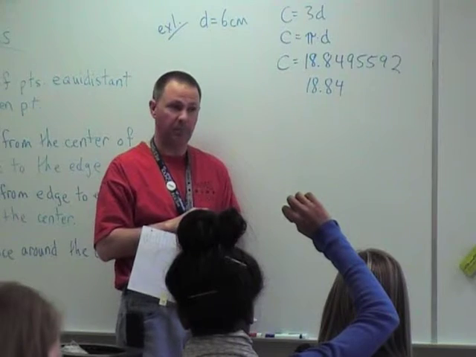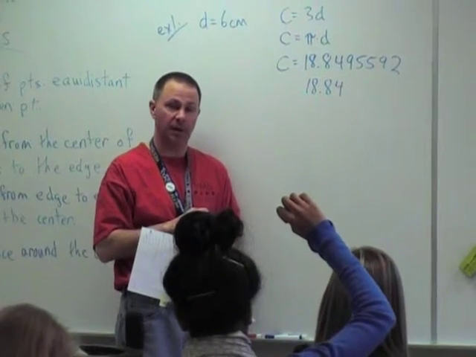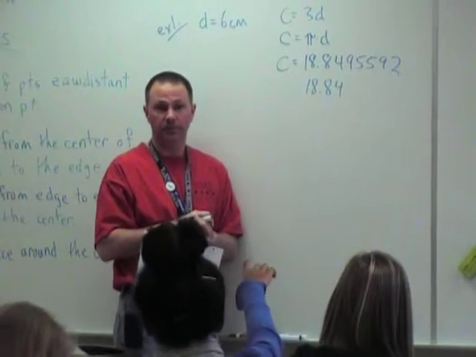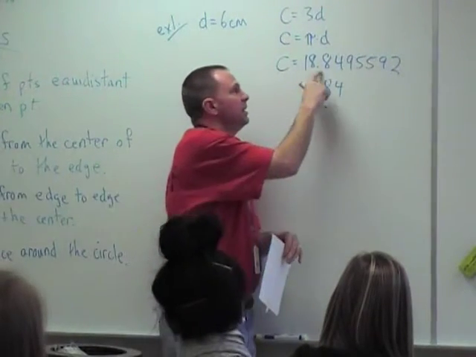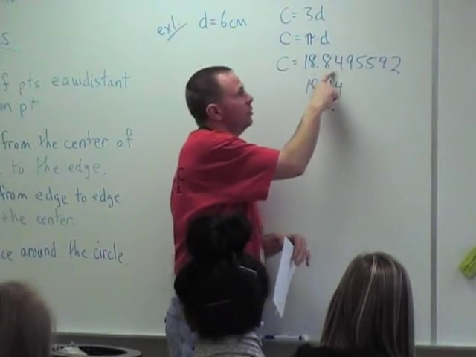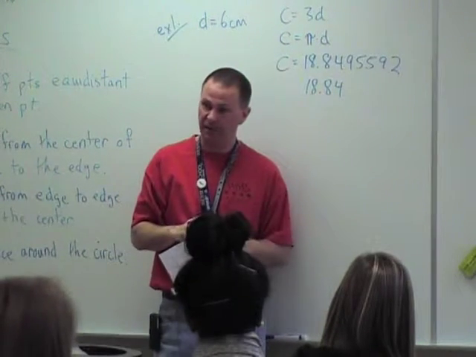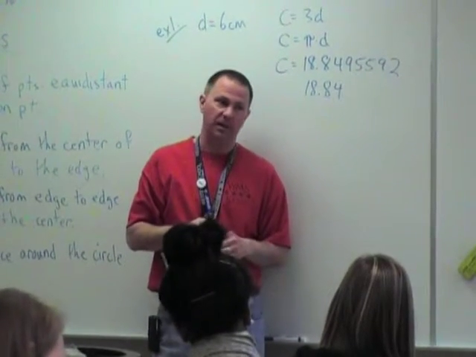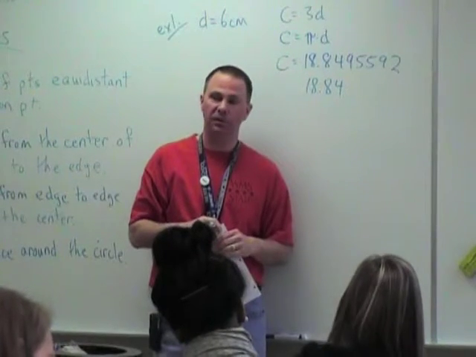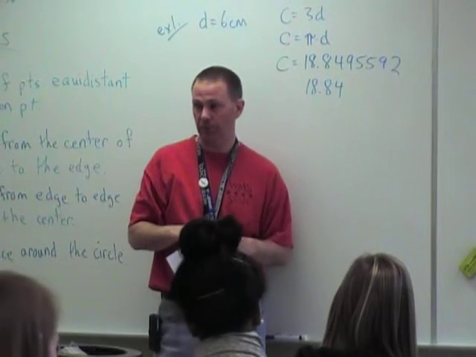So you actually type in 3.14 when you're multiplying by pi. If you use the pi button, rounding to the nearest hundredth would be 18.85. So let's all do the same and just use 3.14.